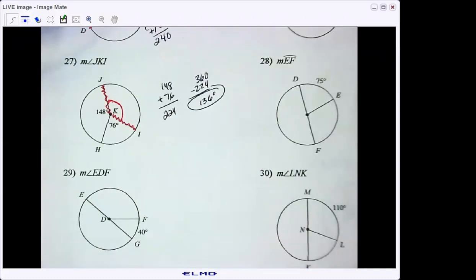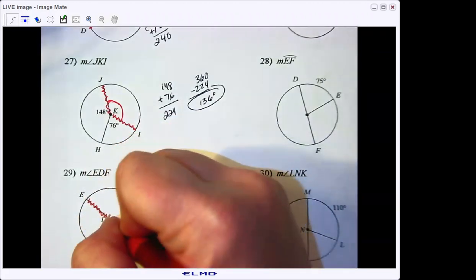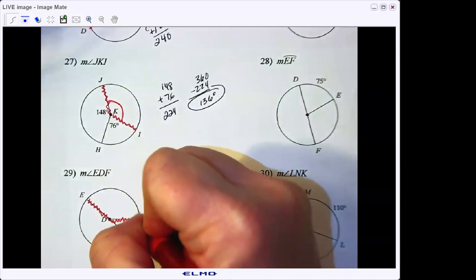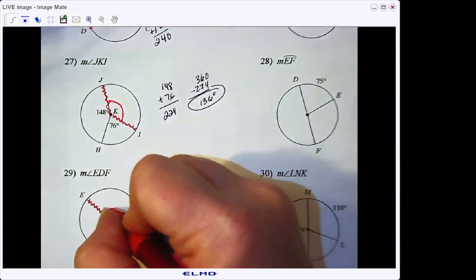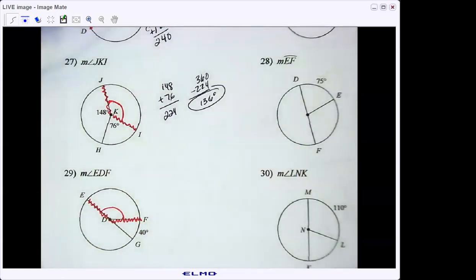Okay. Angle EDF, E to D to F. So this angle right there, this is mental math, guys. Put your answer in the chat box. Alex has got it. Galia, good. Dana, perfect.